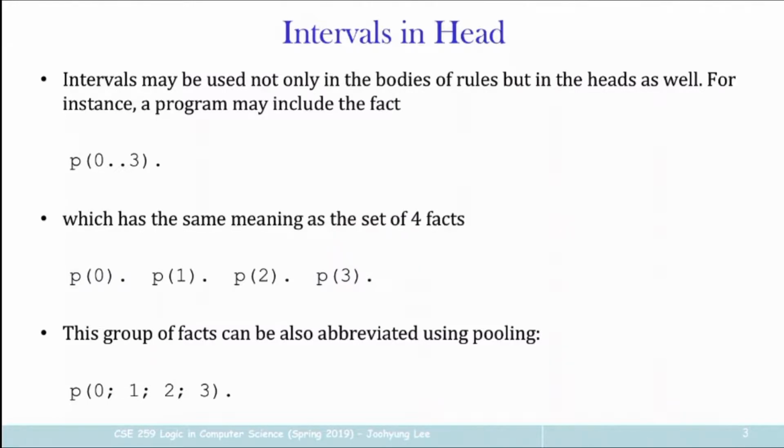It can be used for any symbolic constants as well. So that's a bit more general, but sometimes you want to prefer intervals because that is slightly better in some cases. So they have both pros and cons. Pooling can be used for non-numbers as well, while intervals can be better if it is about numbers.